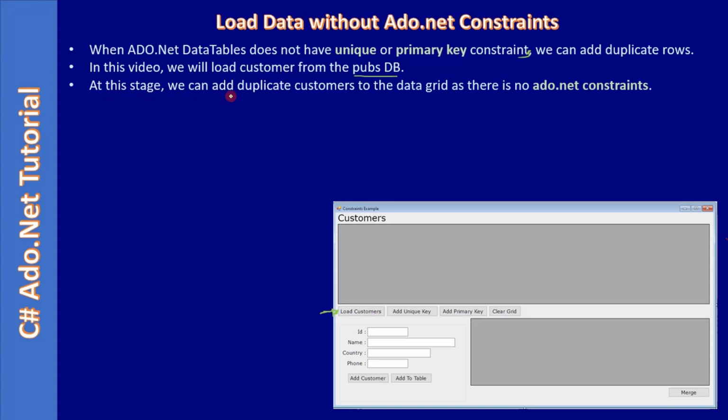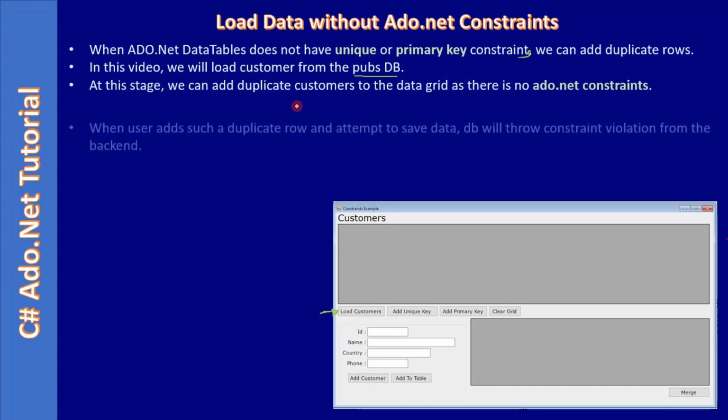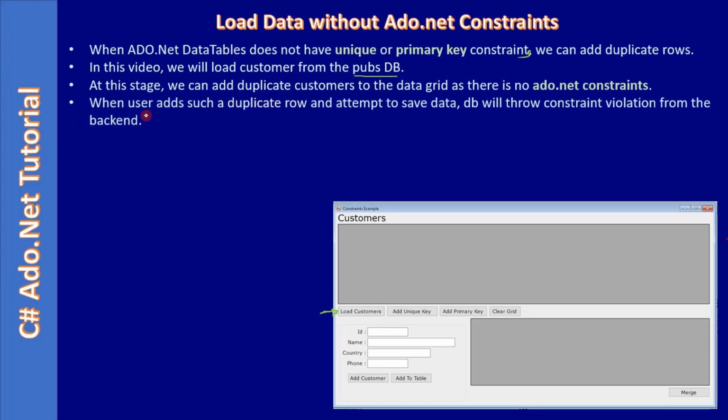At this stage we can add duplicate customers to the data grid and there is no ADO.NET constraint.